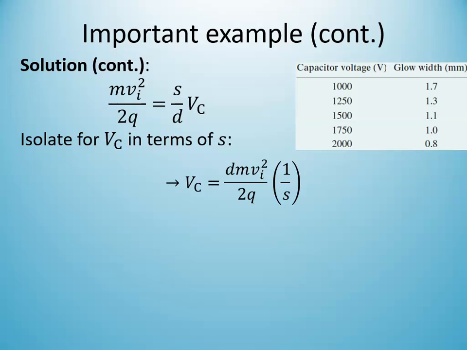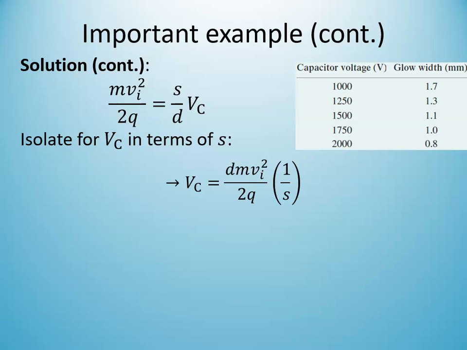Since they're inversely related, it would not make sense to make a linear plot. If you plot V as a function of S, it's just not going to work. You would end up getting an inverse function curve, and you wouldn't really be able to do any sort of best fit with that.